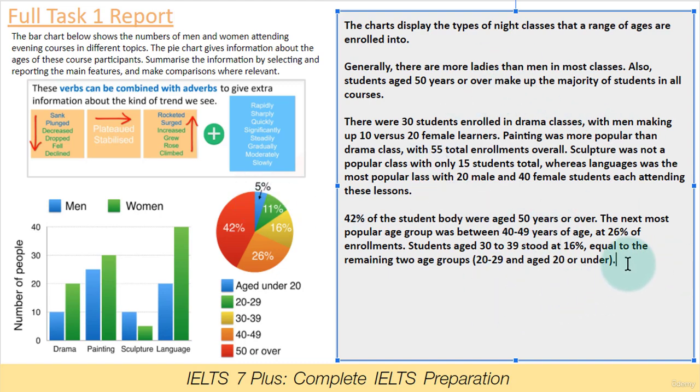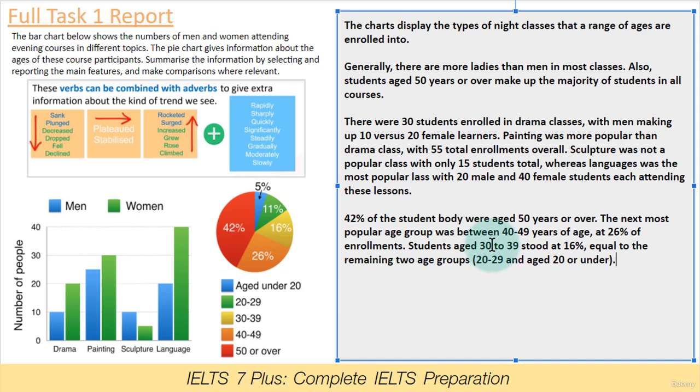Let's read back this second paragraph here. 42% of the student body were aged 50 years or over. The next most popular age group was between 40 to 49 years of age, at 26% of enrolments.